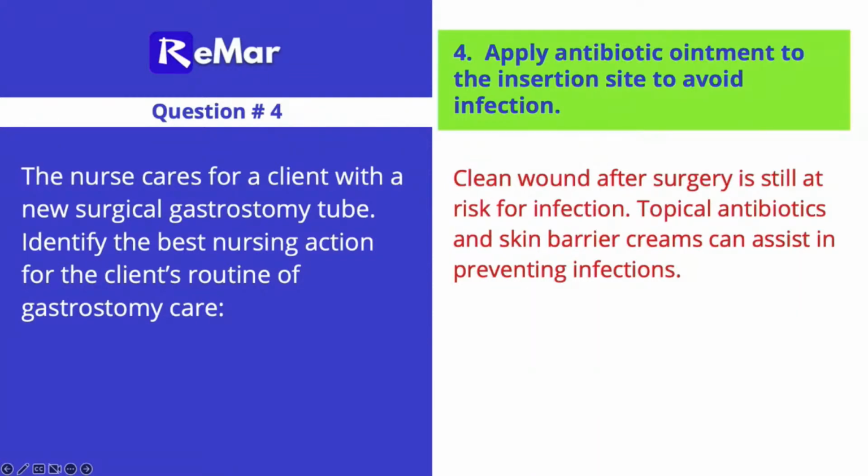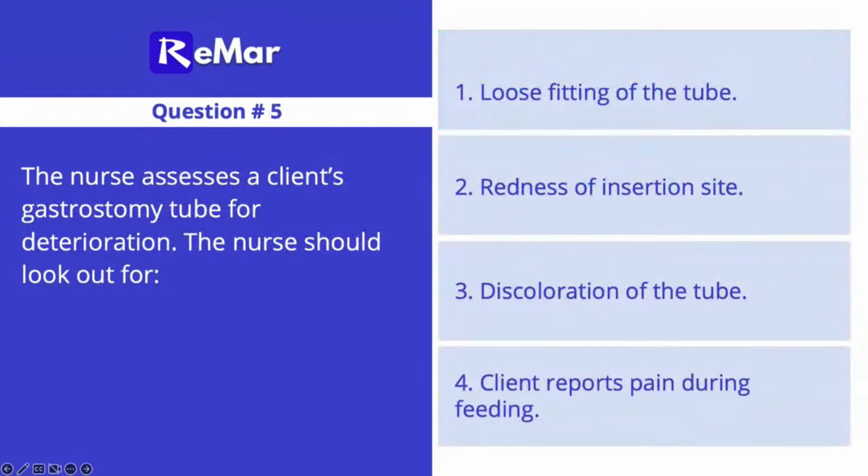All right. Last question for tonight. The nurse assesses a client's gastrostomy tube for deterioration. The nurse should look out for, number 1, loose fitting of the tube. 2, redness of insertion site. 3, discoloration of the tube. 4, client reports pain during feeding.